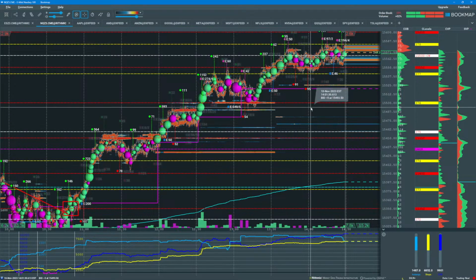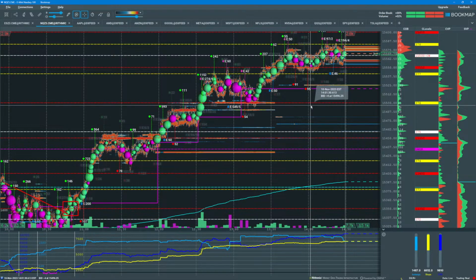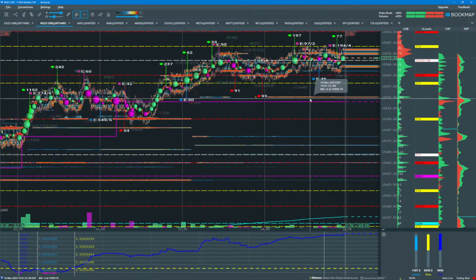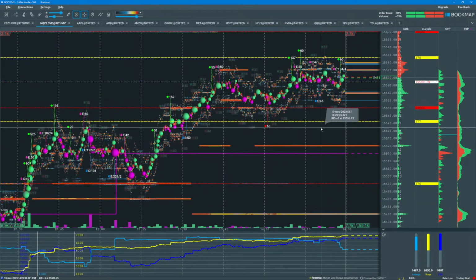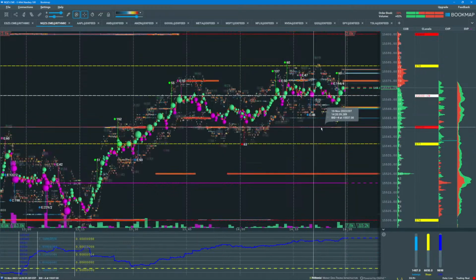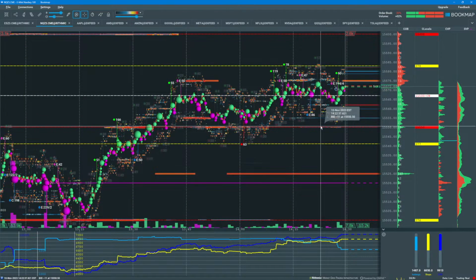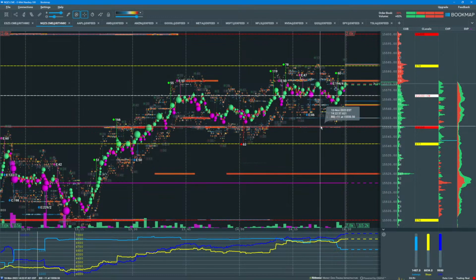All right, I think I've looked at almost every stock in my watch list. Nasdaq still trading around the 15,500 call wall, trying to move higher. Remember, the QQQ call wall is really the only call wall that's up above the Nasdaq and the S&P 500.